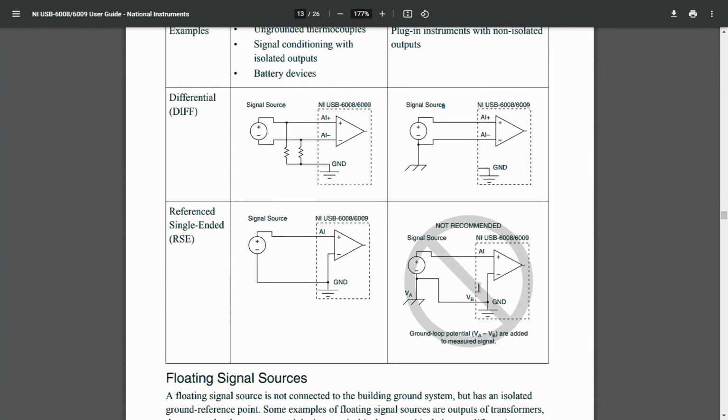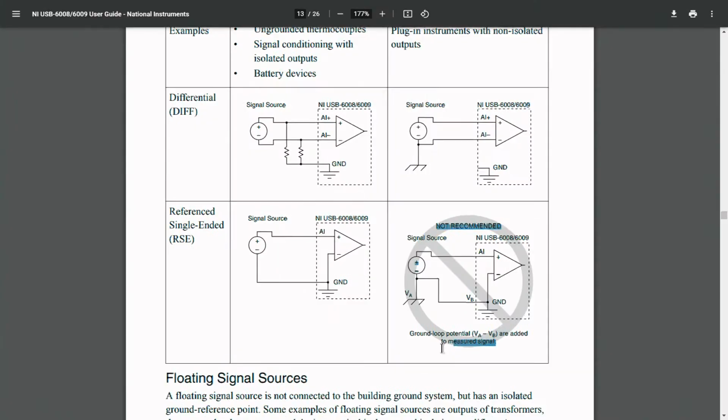What is not recommended in utilizing the USB DAQ configuration, because it leads to ground loops, is connecting in this configuration, utilizing the ground of the source as well as the ground of the USB device. There can be ground loops across this, and it leads to an inaccurate output value which also contains some noise.